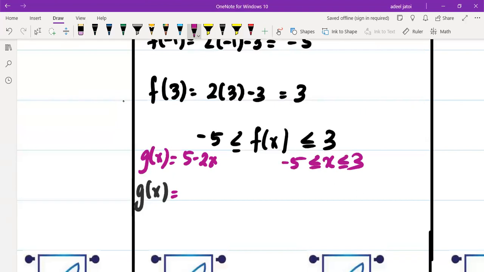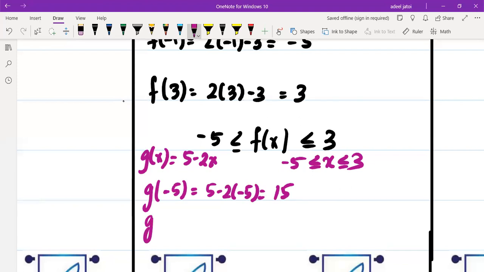So let's substitute. g(minus 5), 5 minus 2 times minus 5, the answer is 15, and g(3), the answer will be 5 minus 2 times 3, which is minus 1.